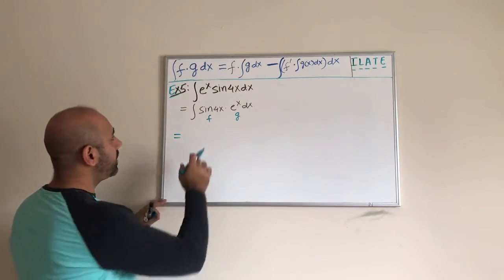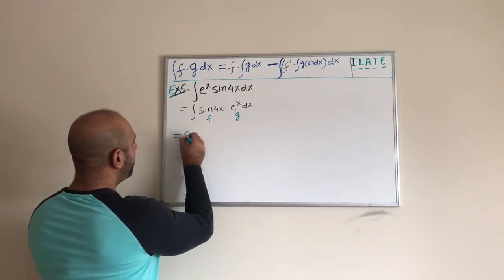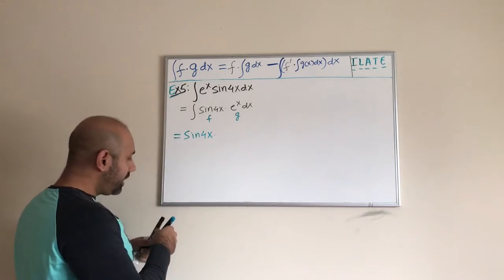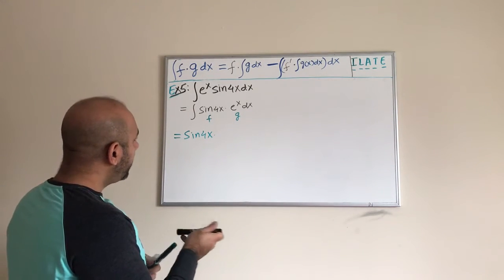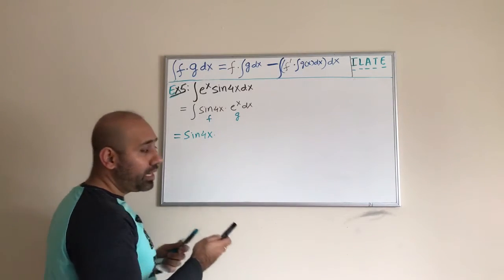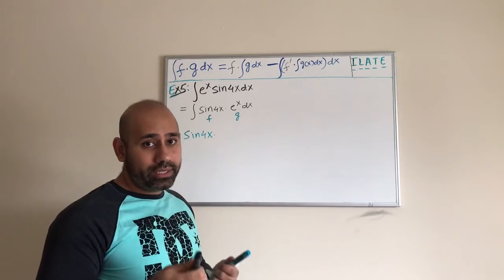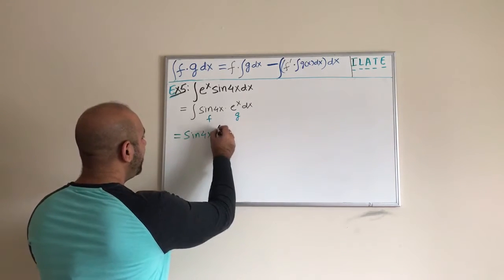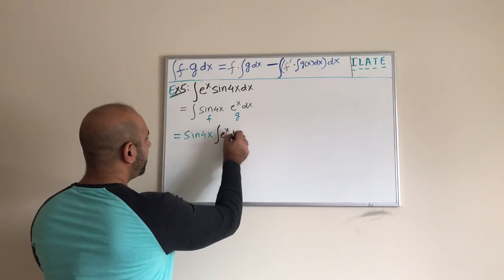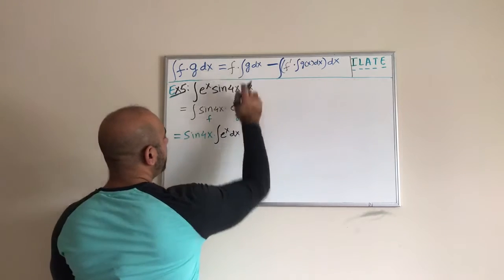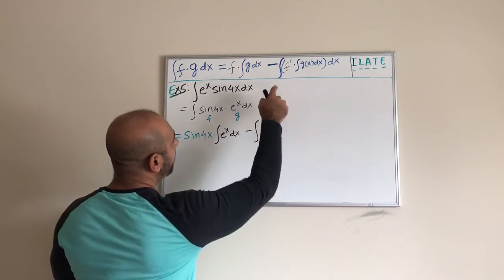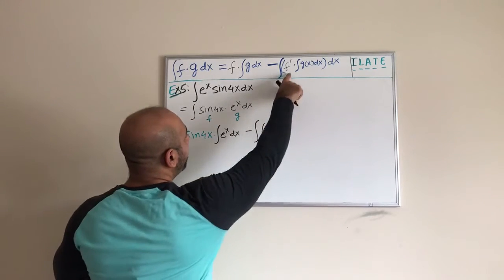So starting with the function f first, we just have to write that function, sine of 4x, right? And then times the integral of the g of x. I like to write all the steps, and I highly encourage everyone to write steps as well. So guys, integral of e to the x dx, that takes care of this piece, and then there's a minus, and I have an integral of, in parentheses, f prime.